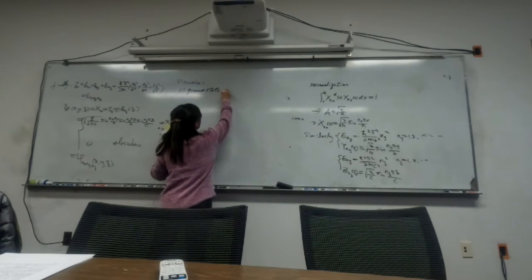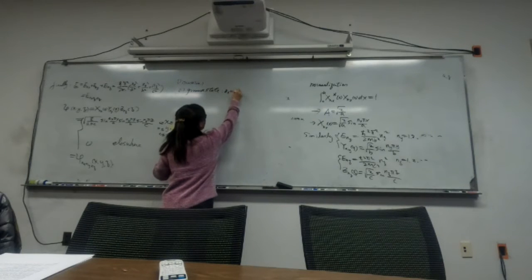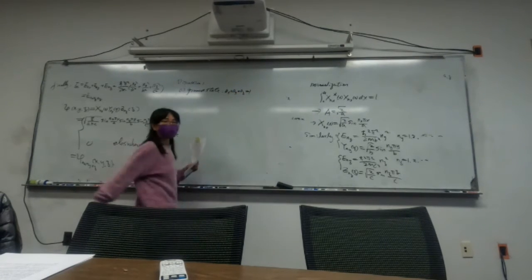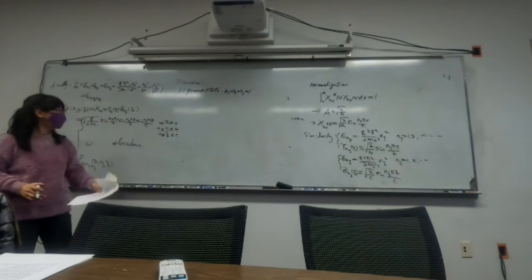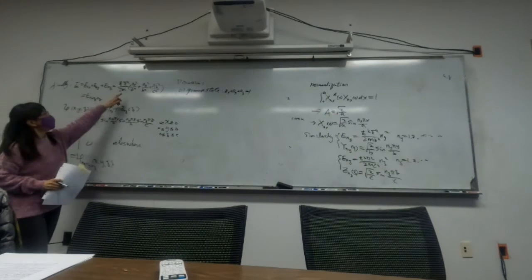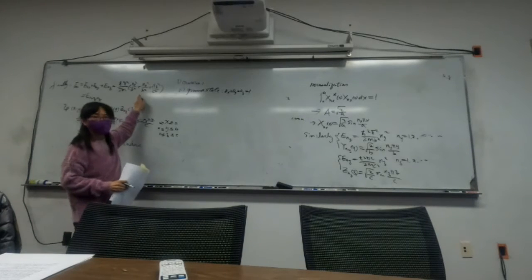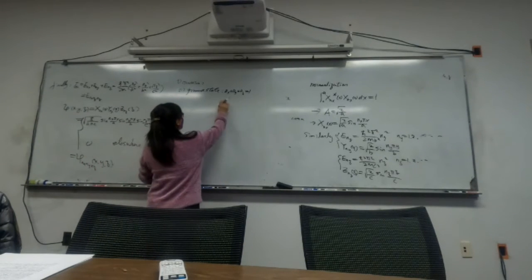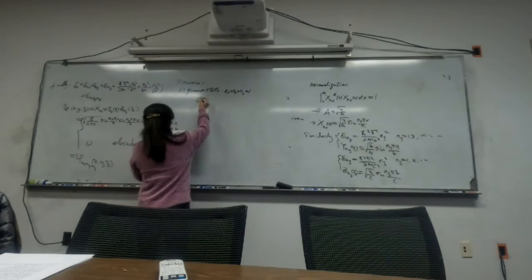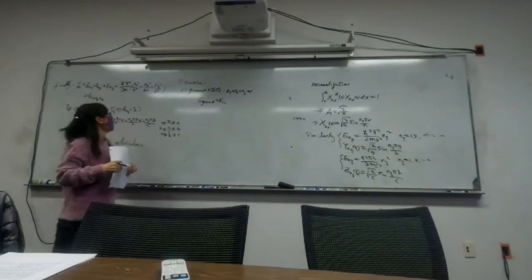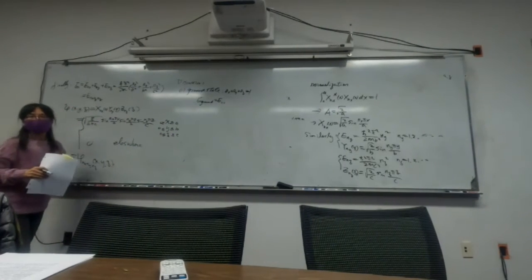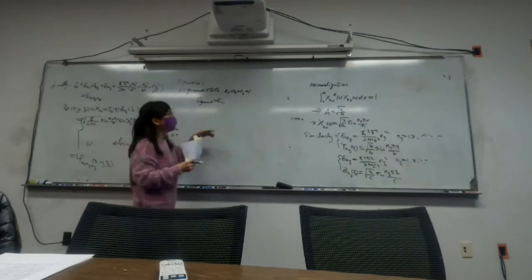That means if Nx, Ny, Nz all take 1, that is the smallest, and all the others are higher since this is a positive value. So E ground, what is the ground energy? That is 1, 1, 1.